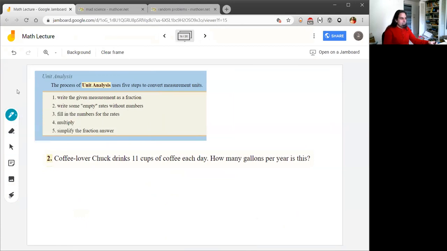Okay, same steps. 11 isn't a fraction. So put it over 1. I want to get from cups to gallons. Can I do that in one step? Sure.